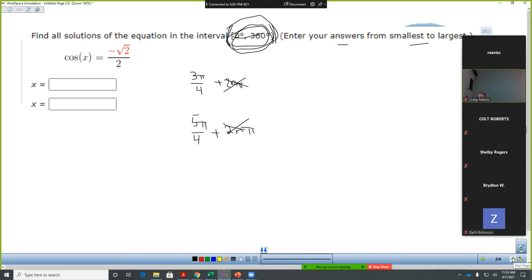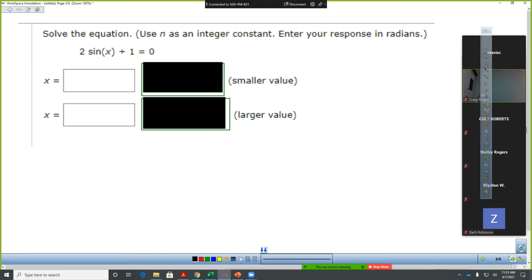All right. So now let's look here. Now, look, this one, we're going to have to solve it kind of like we did a minute ago. So what we have is 2 sine of x plus 1 equals 0. Now to solve these, I want to get the sine of x by itself equal to some number. So then I can go to my unit circle and look at what angles give me that value of sine. So how would I solve?